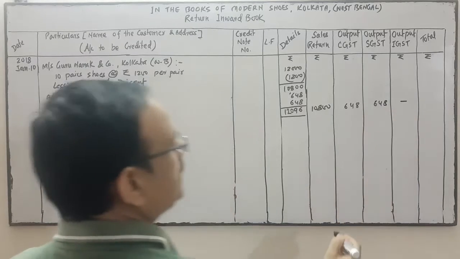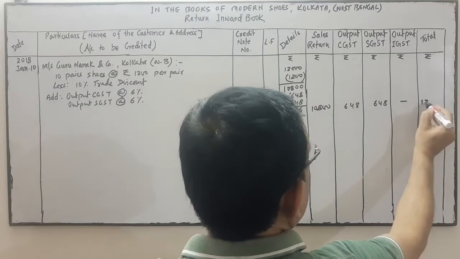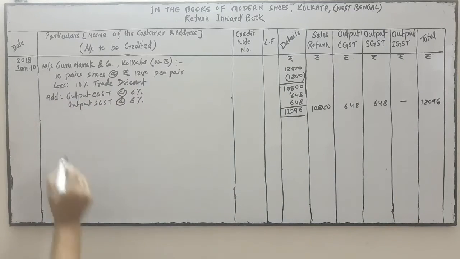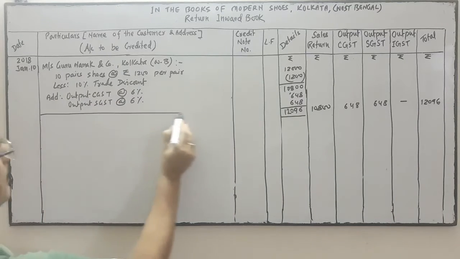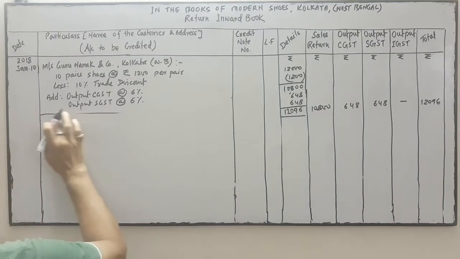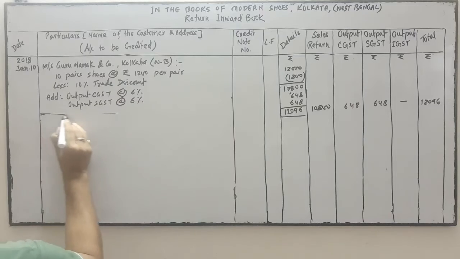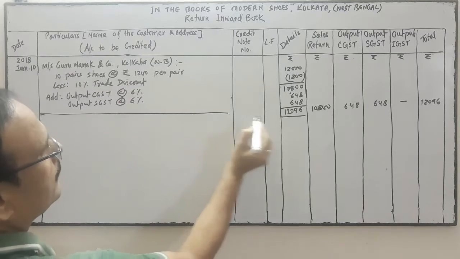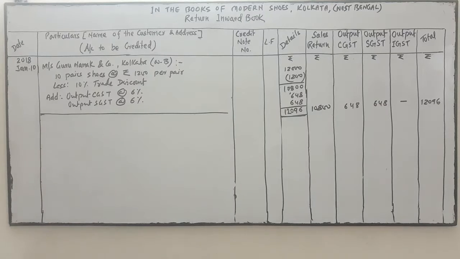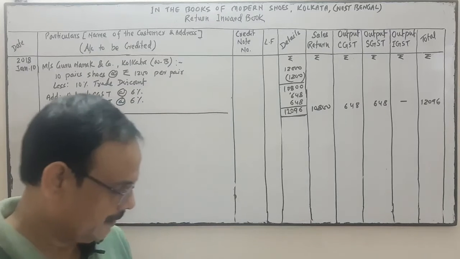This is not integrated, and the total is 12,096. So the first transaction is recorded. Now the next transactions related to sales return.